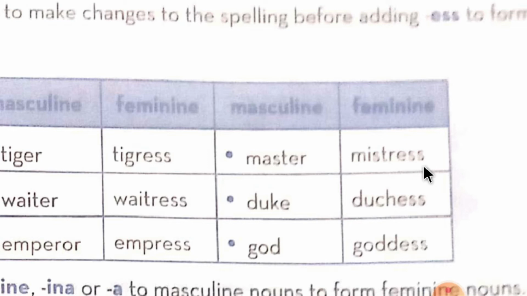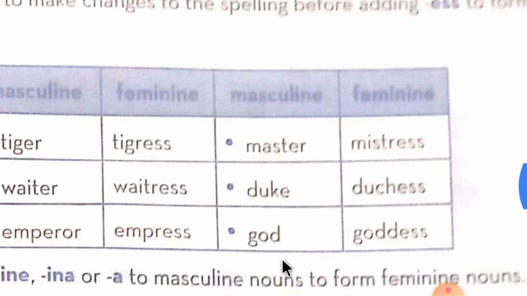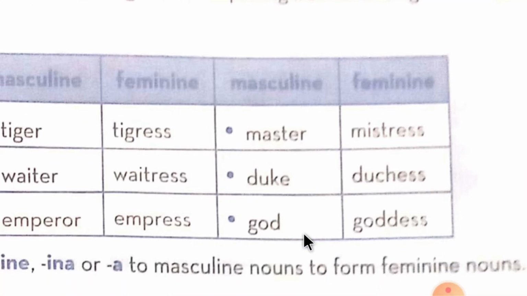Slight change in the spelling, and then we have to add ESS. Then duke, DUKE. Means what is the spelling here? Feminine genders, DUCHESS, duchess. And then god, GOD. Here what we have to write in feminine gender? GODDESS, that is called goddess.